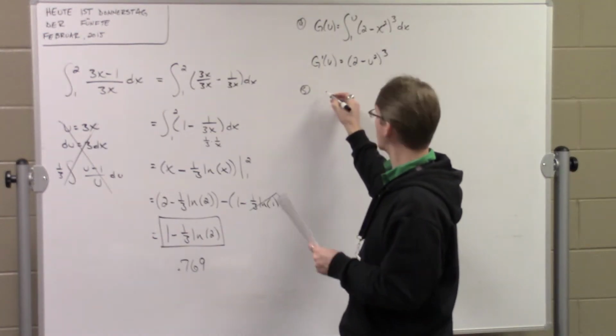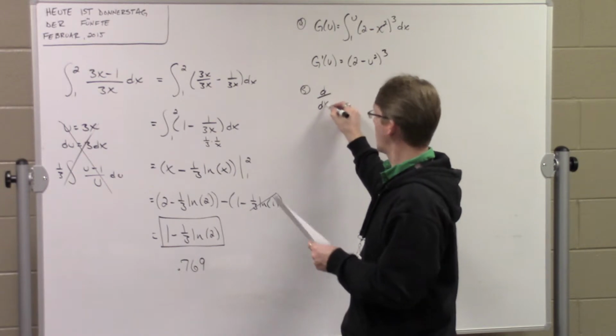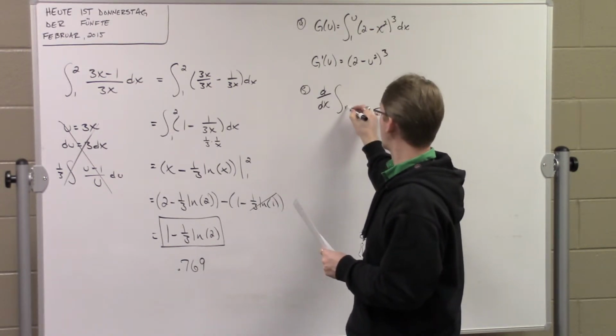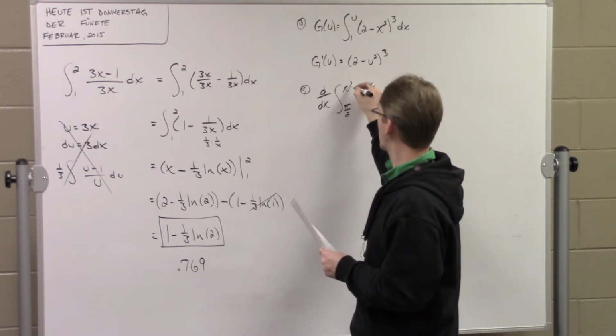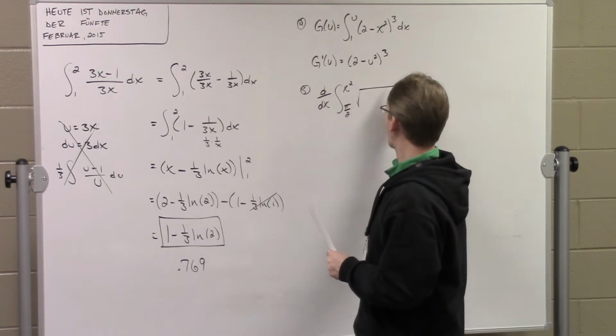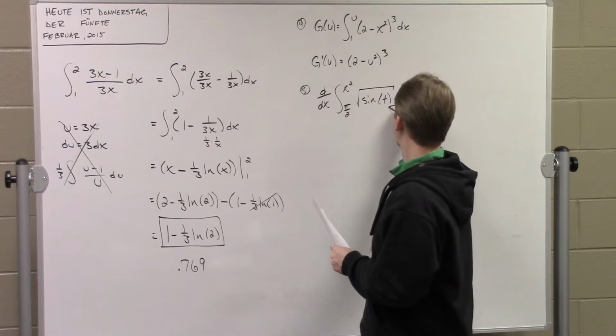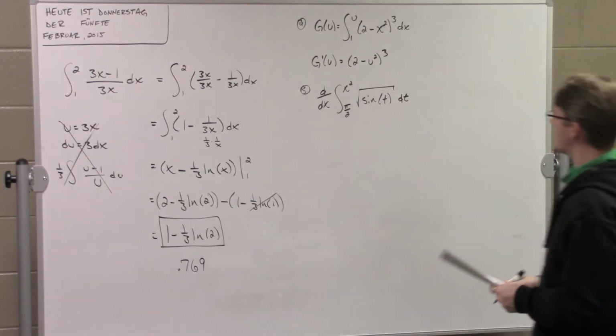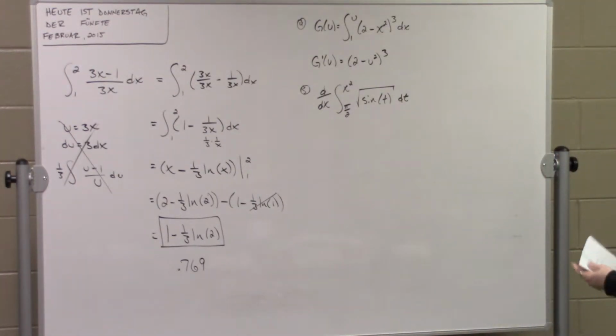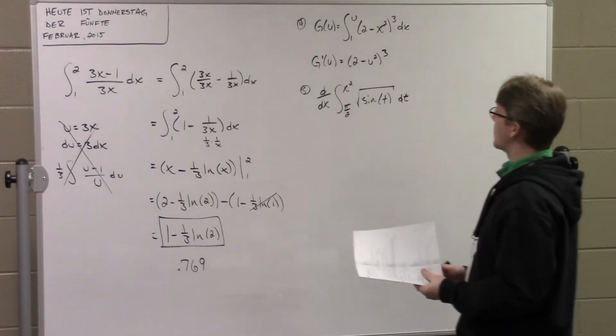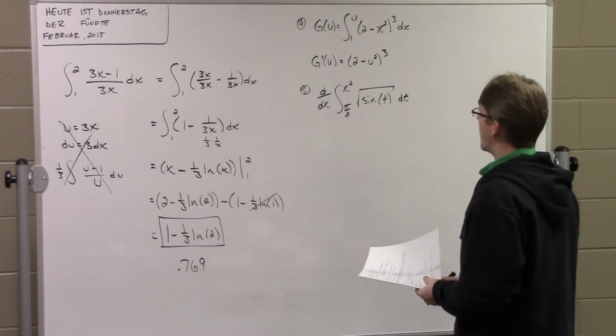Kind of the same thing here. d/dx of the integral from pi/2 to x squared of the square root of sine t dt. We're still going to do swapping out here. You have to chain it now.